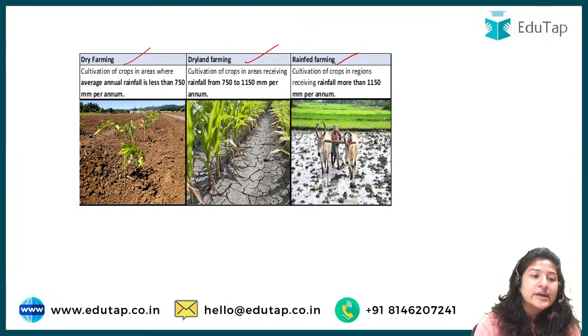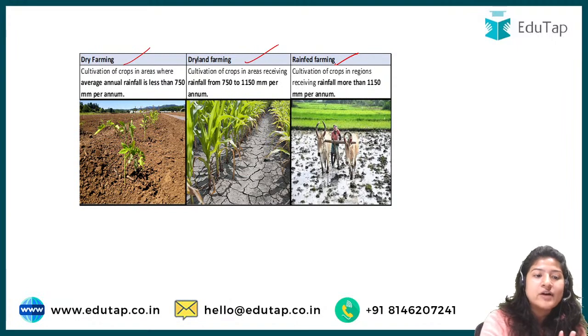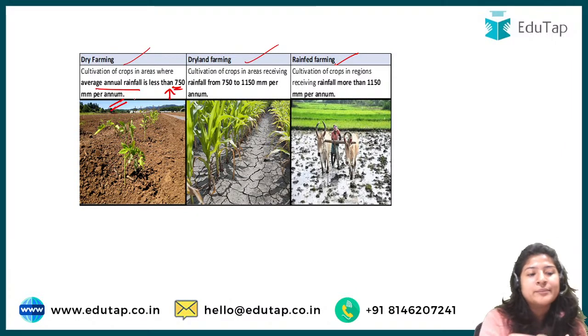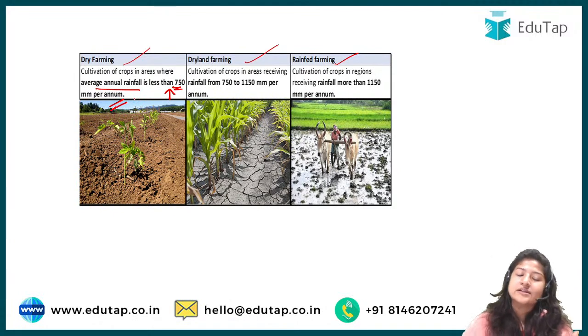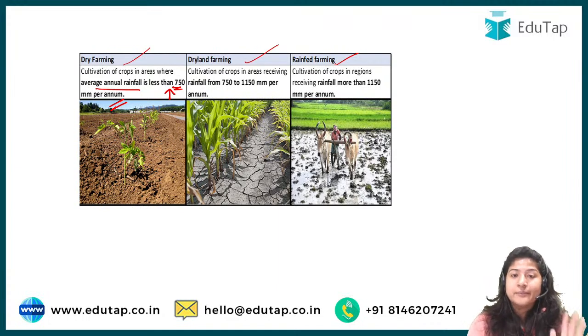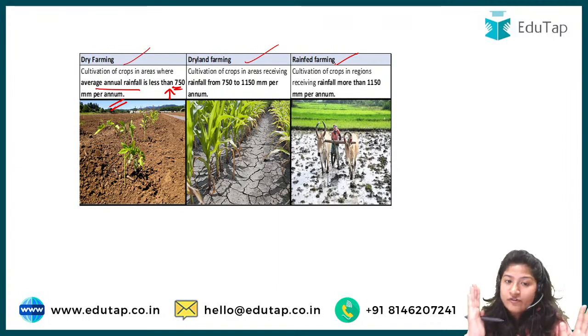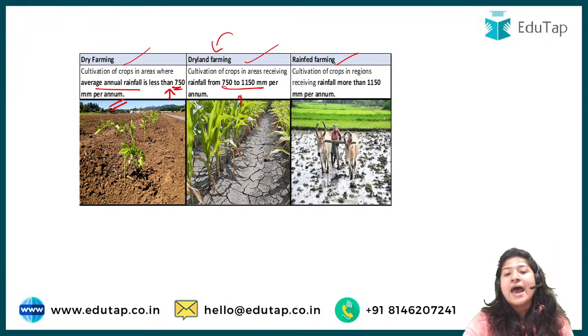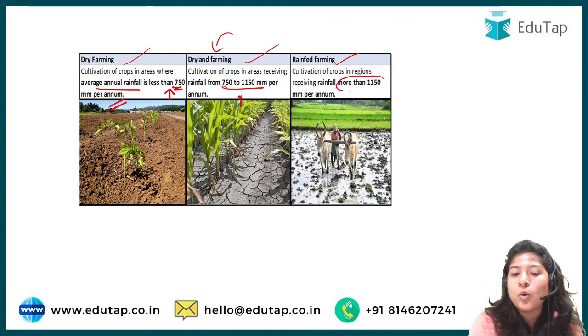All right, so here see, in case of dry farming, when the average annual rainfall is less than 750 mm per annum, then it is known as dry farming. So below 750, it is dry farming. Between 750 and 1150 mm, as you can see here, it is dry land farming. And in case of rain-fed farming, it is more than 1150.